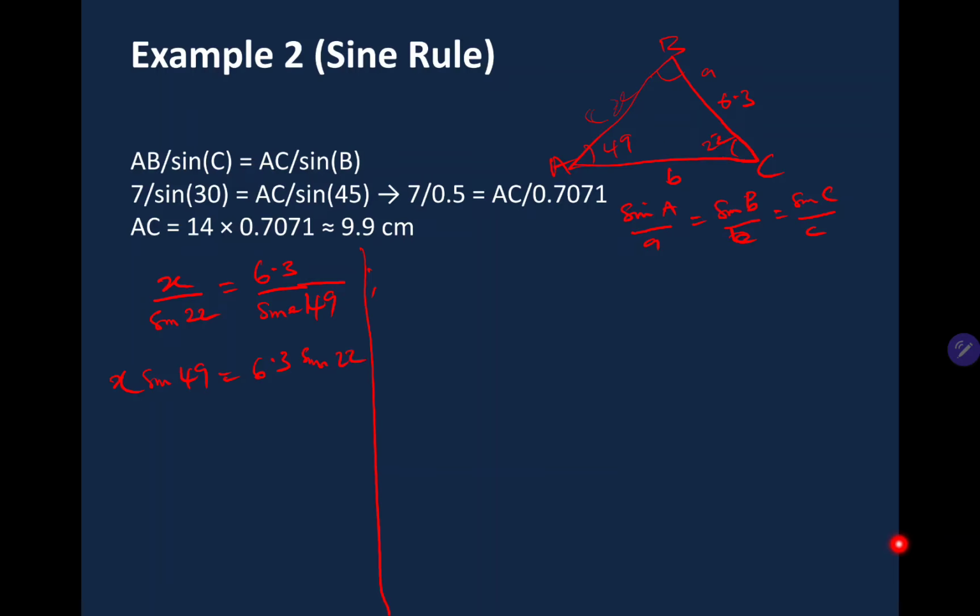Now we're looking for x, so x will be equal to 6.3 times sine 22 all over sine 49.